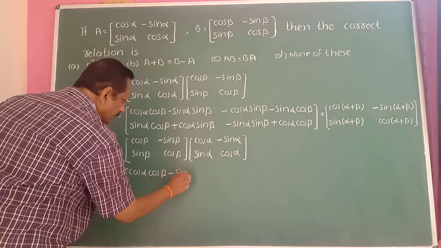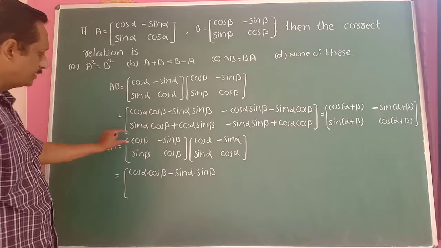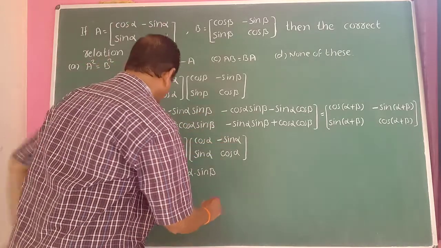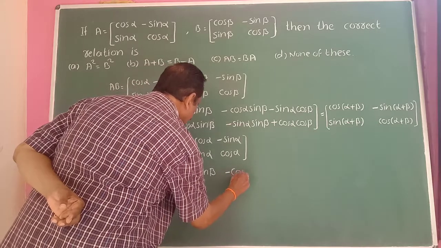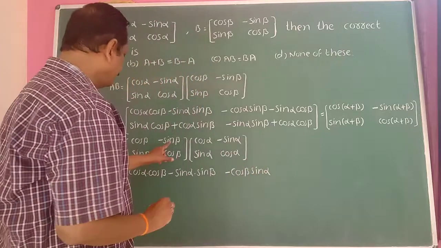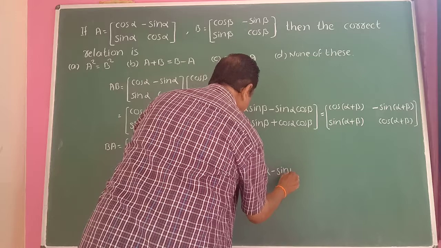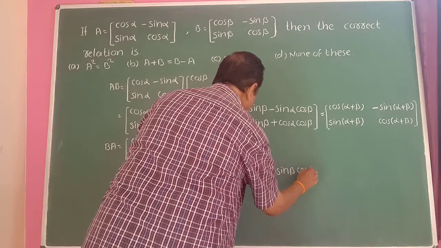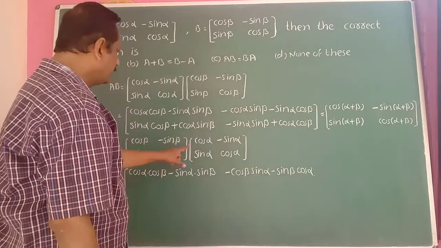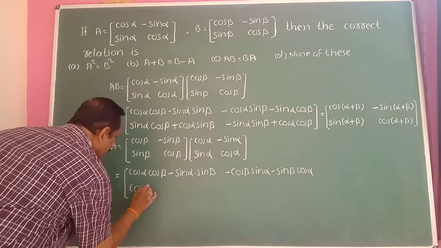Then multiply this row with this column: cos beta into minus sin alpha, so minus cos beta into sin alpha, minus sin beta into cos alpha. Then multiply this with the column: sin beta into cos alpha, so cos alpha sin beta.